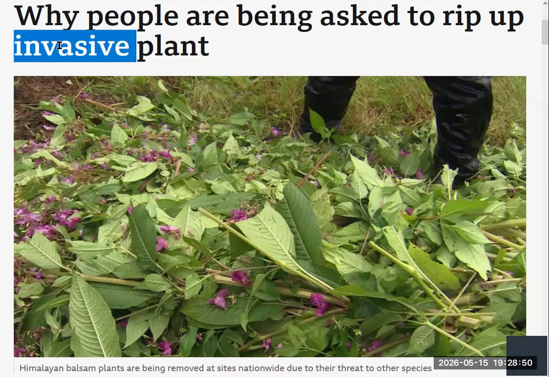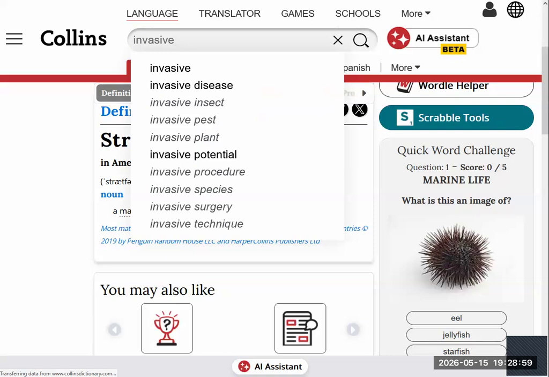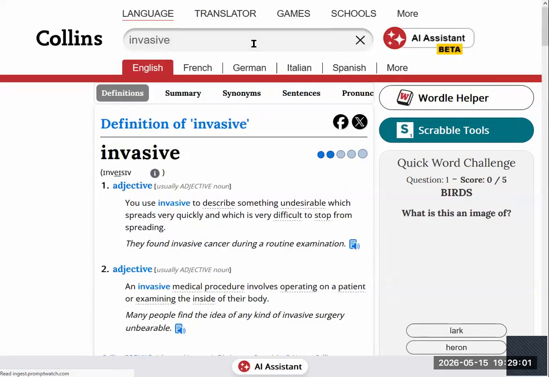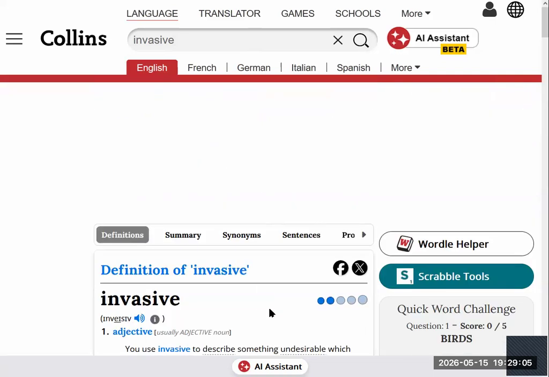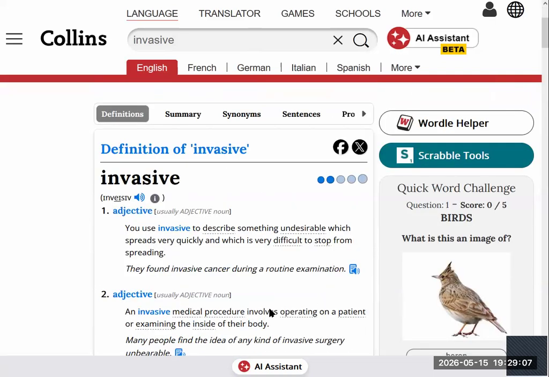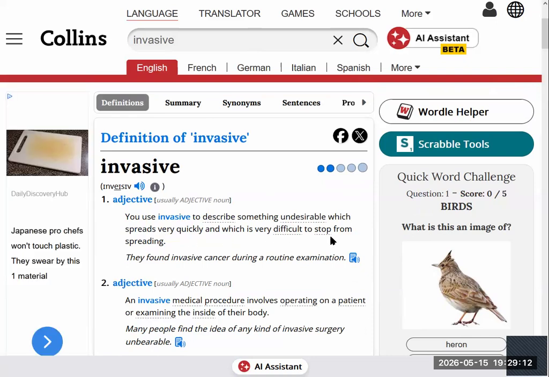So let's quickly pop that into the dictionary. So this is Stratford. That's an area in London, besides also being a name. So invasive, adjective: you use invasive to describe something undesirable which spreads very quickly and which is very difficult to stop from spreading.